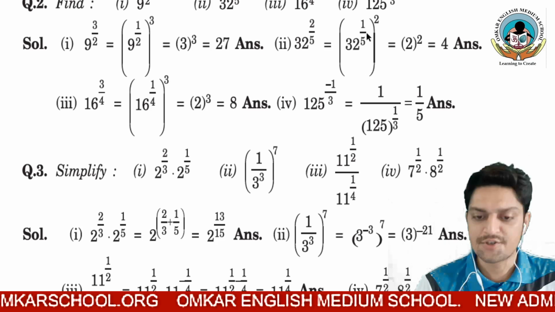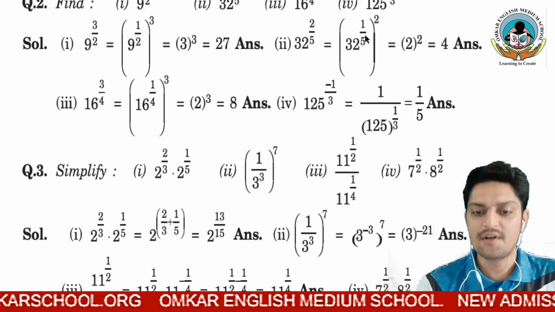So first we have to find the fifth root of 32. Whatever answer comes, then you have to find the square. Here the fifth root of 32, we have just seen in the previous question, is 2 only.